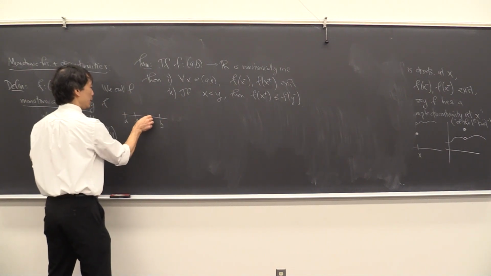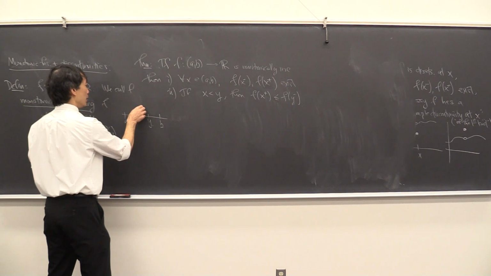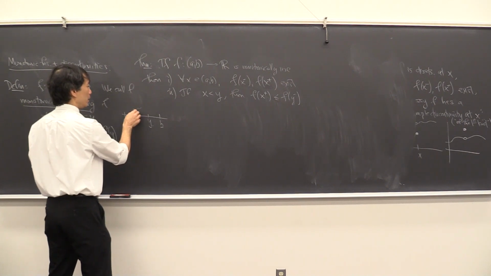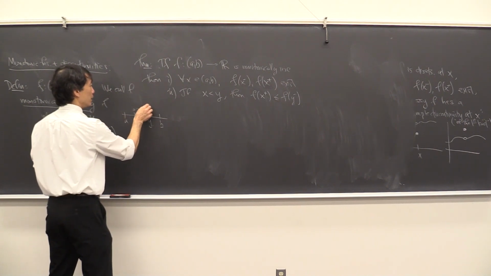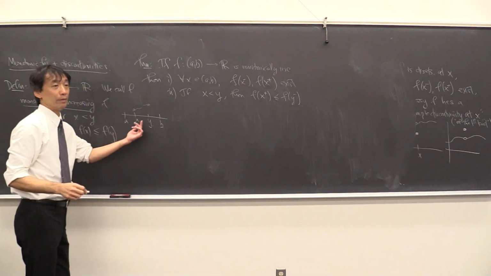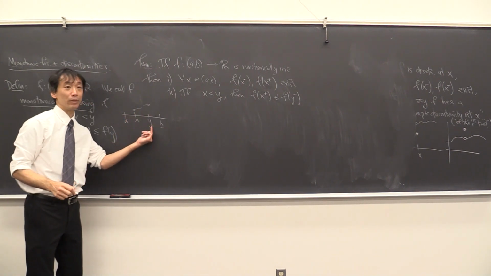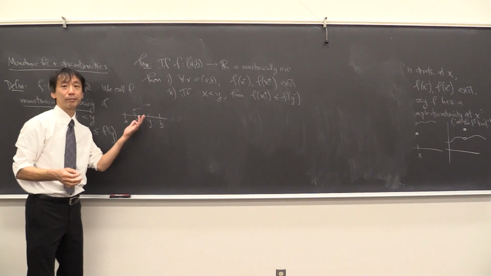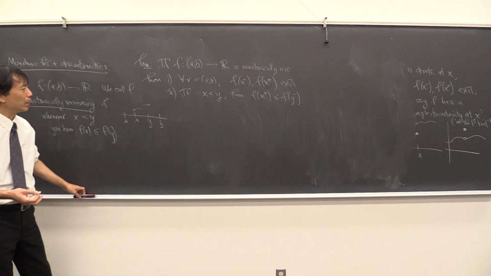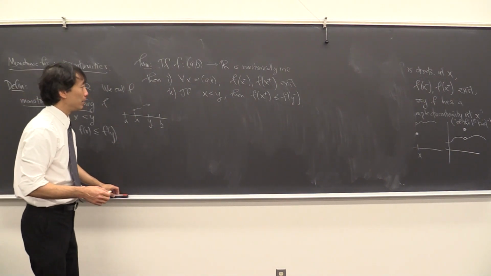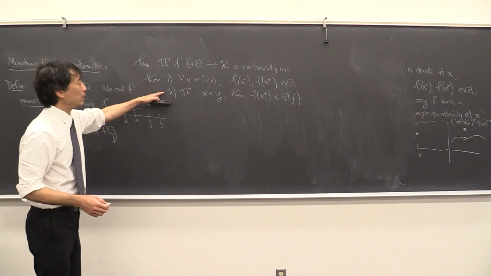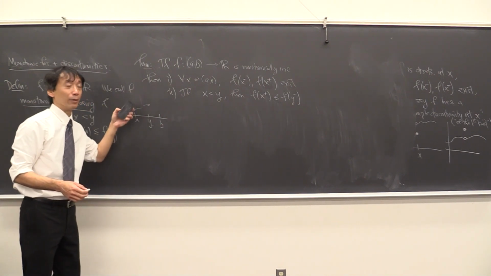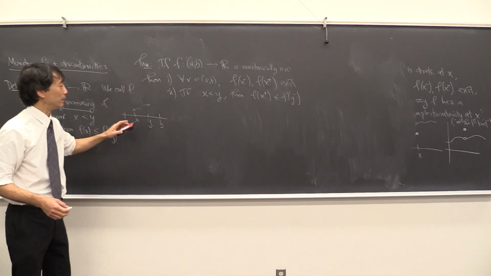You've got two points in your interval. The limit from the right of this guy must be smaller than or equal to the limit from the left of this guy. That's something that you would expect. We'll use this in the next theorem. That's why it's being introduced here.